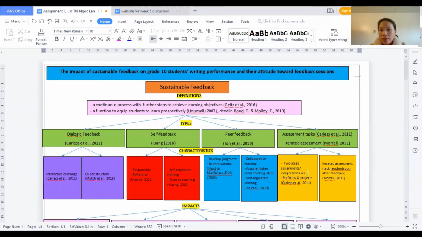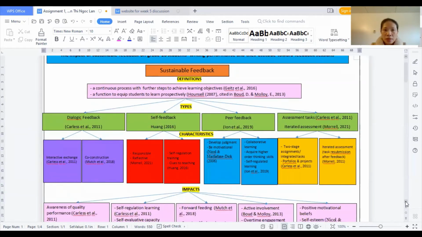According to Carless et al. 2011, assessment tasks can be portfolios and projects, which have similar functions. And finally, according to Morrell 2021, iterative assessment can be considered sustainable feedback. In other words, students are allowed to resubmit their tasks after they receive feedback.